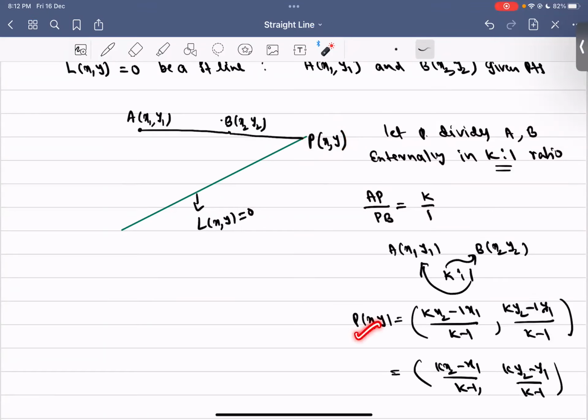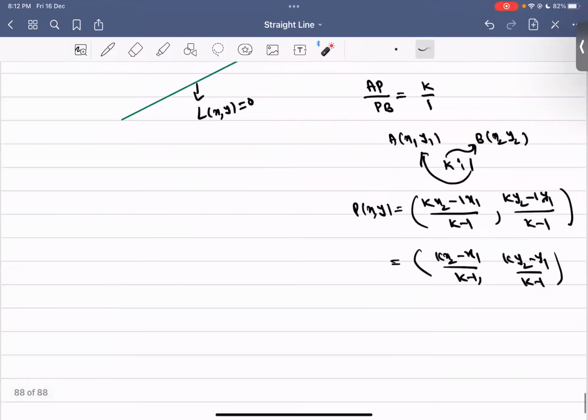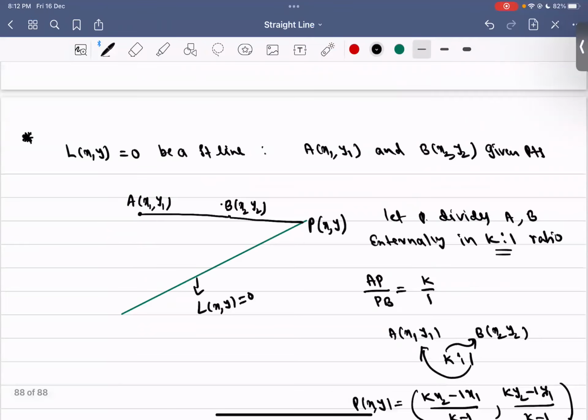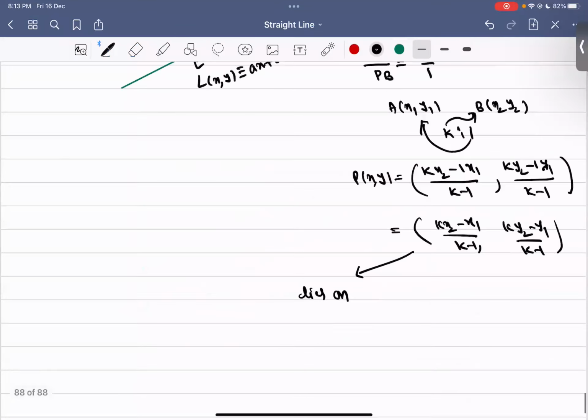Now this P(x, y) lies on L of x comma y equals 0. Suppose you take this line equation as ax plus by plus c equal to 0. This is the line. So this lies on ax plus by plus c equal to 0.